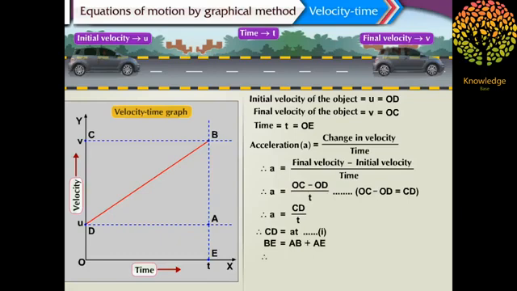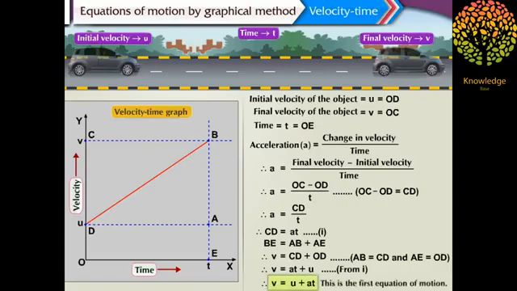Therefore, v equals CD plus OD. Since AB equals CD and AE equals OD, v equals at plus u. From equation 1, v equals u plus at. This is the first equation of motion.